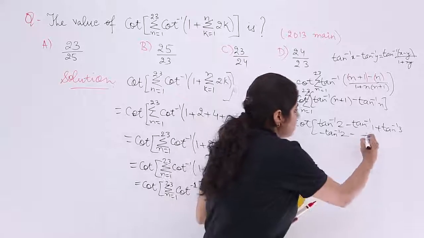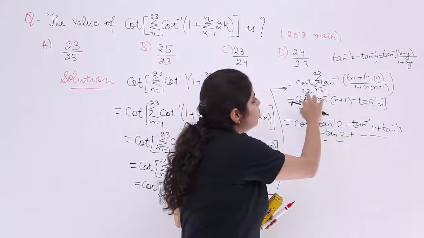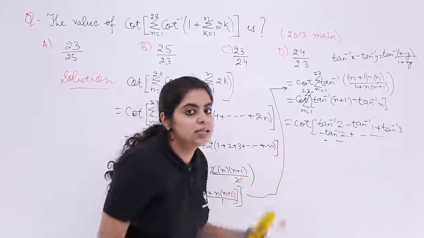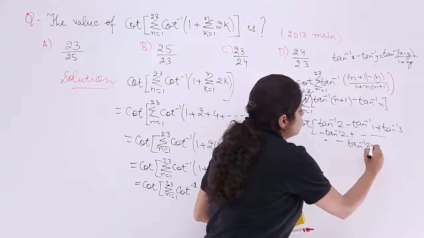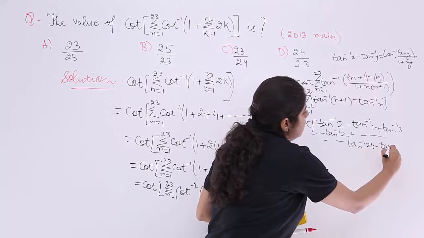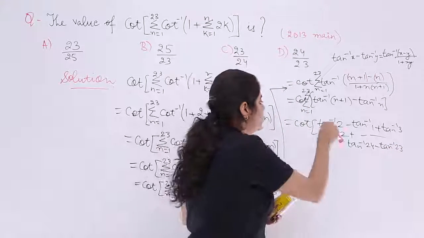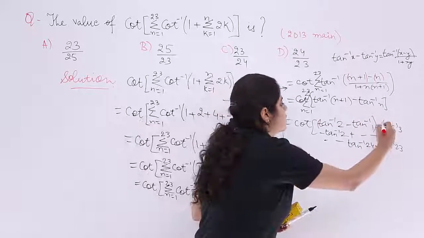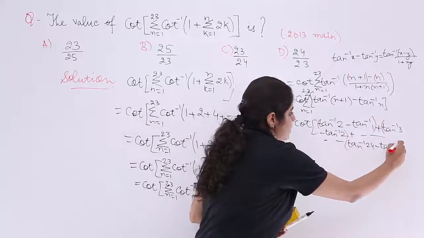Similarly, when this goes on to the last case, when n is equal to 23, you will have two values, one is 24 and the other is 23. So it is tan inverse 24 minus tan inverse 23. And let's put brackets because otherwise you'll get confused. So the first case, the second case, and so on, and the last case.